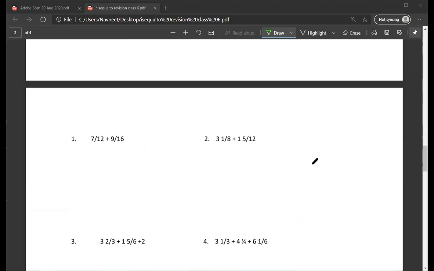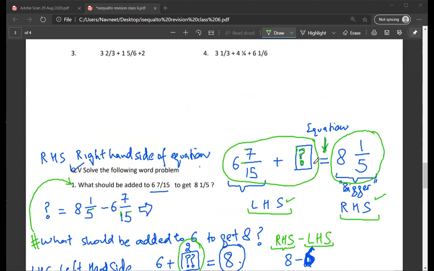Okay, Satya, have you now understood proper fractions, improper fractions, and mixed fractions? Yes, sir. So for example, 6 7 by 15, how can I write an improper fraction out of this? Just tell me how to do it, don't calculate.